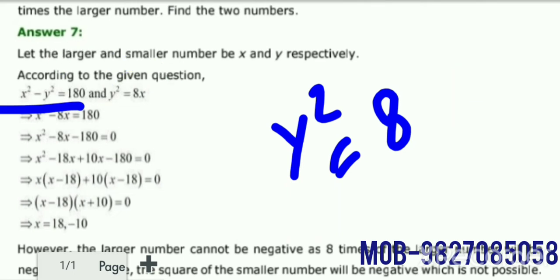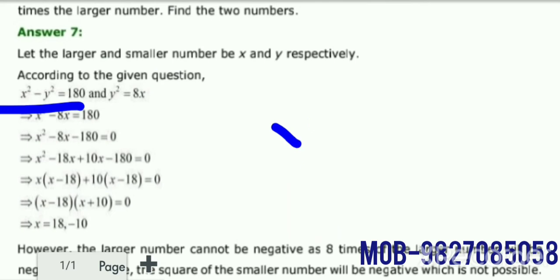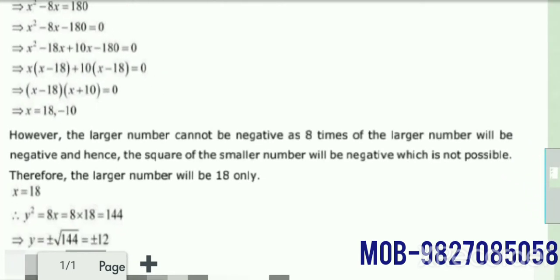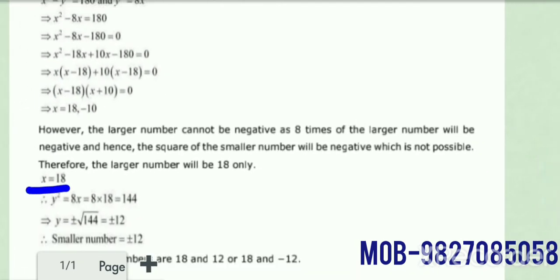So we got x square minus 8x is equal to 180. 180 comes to the left side, so this becomes minus, and using the quadratic formula or factorization, we got x is equal to 18 and minus 10. We cannot take the negative value, so we take x is equal to 18.